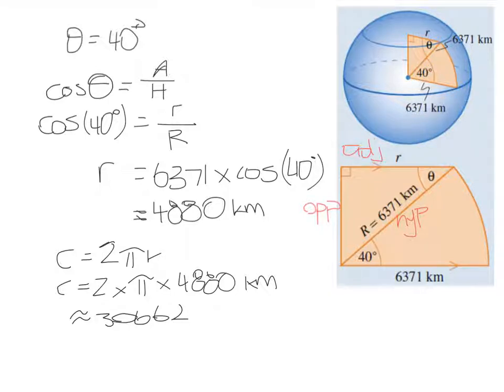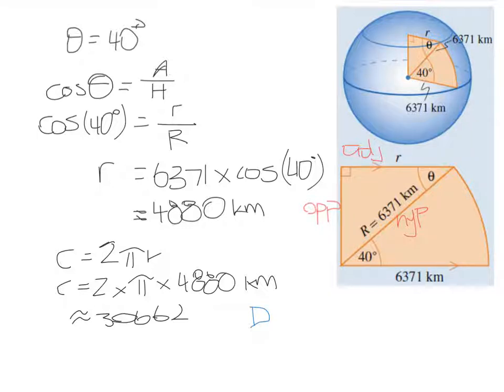Now, if we were to put these two formulas together, what we end up with is... actually, we shouldn't write circumference. What we're after is our distance.